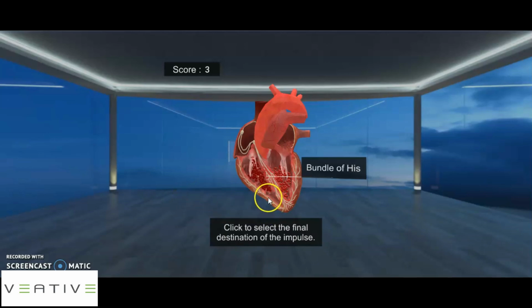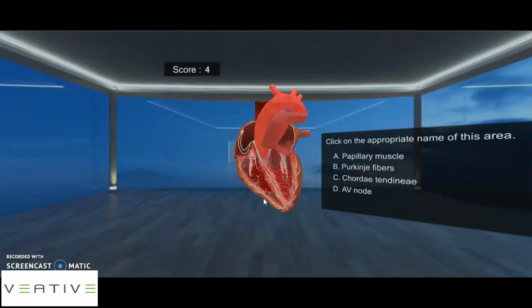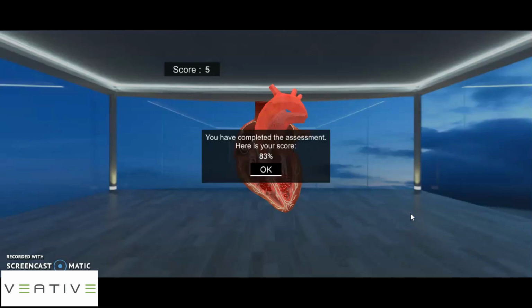To the Purkinje fibers. Click on the appropriate name of this area. Again, this is the Purkinje fibers. So that is correct. Well done everyone. You have completed the assessment and here is your score, 80%. Congratulations.